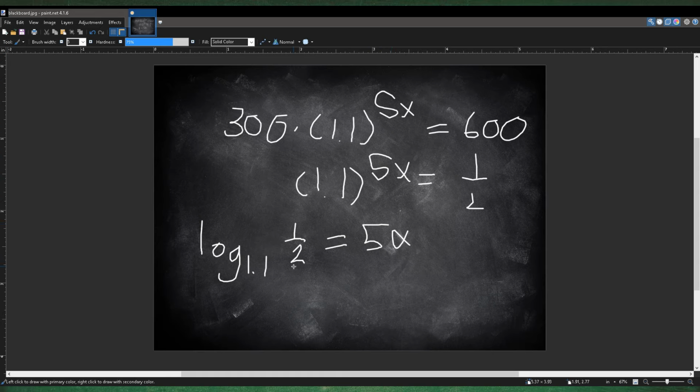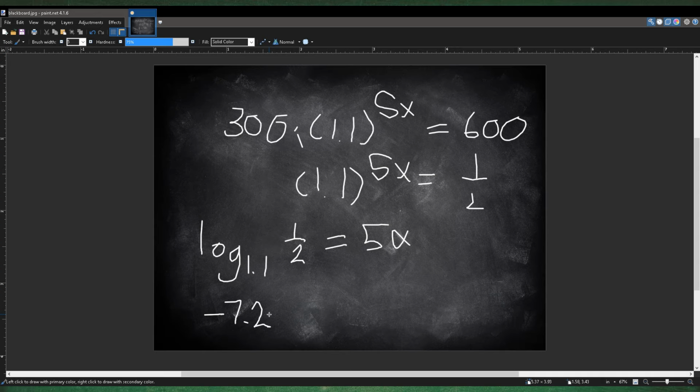This is why I said your calculator is gonna be your best friend. So you're gonna put log of 1.1 of 1/2. You get some kind of negative number, something like negative 7.2.